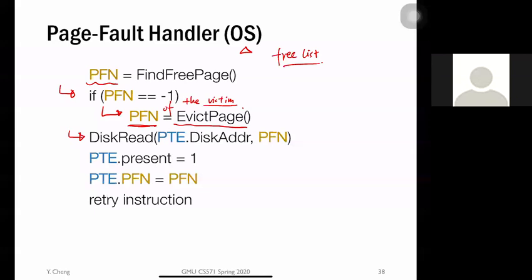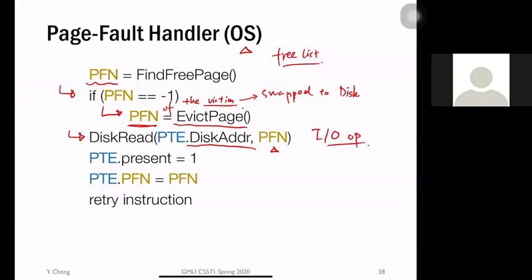It tries to update this address field with the second parameter, which is the physical frame number of the victim that has just been swapped out to disk, the victim, if any. So there's a disk read, which is an IO operation, which is extremely slow, obviously.